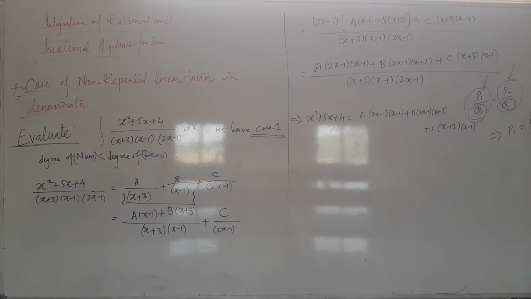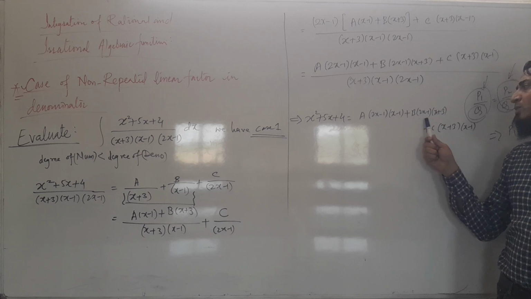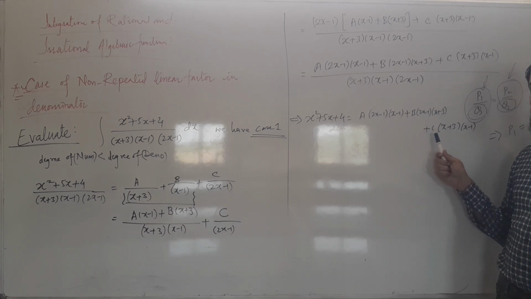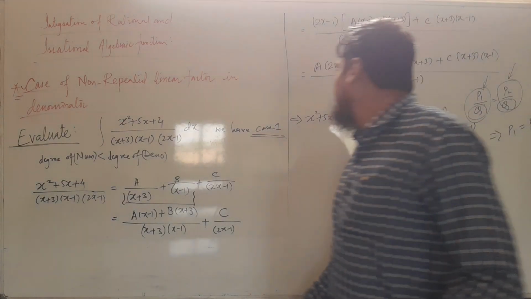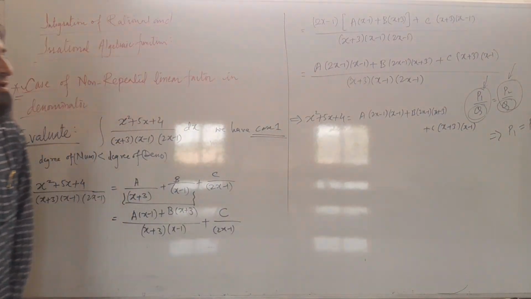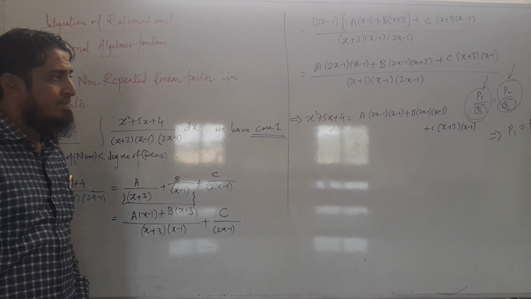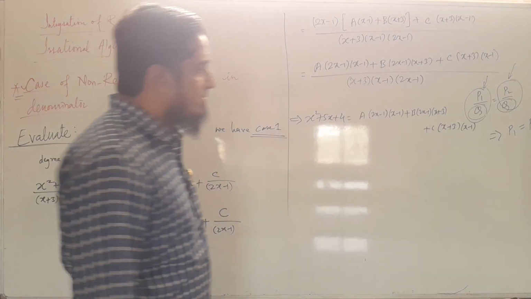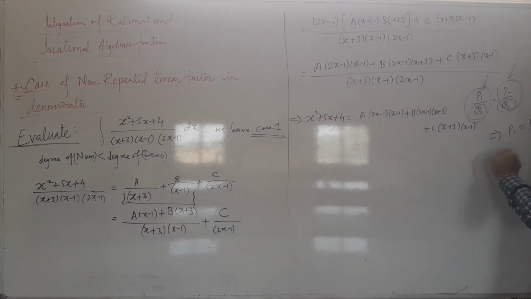Now we have x² + 5x + 4 is equal to a(2x - 1)(x - 1) + b(2x - 1)(x + 3) + c(x + 3)(x - 1). Correct? Now to find the value of A, B and C, we have to just think over this equation.